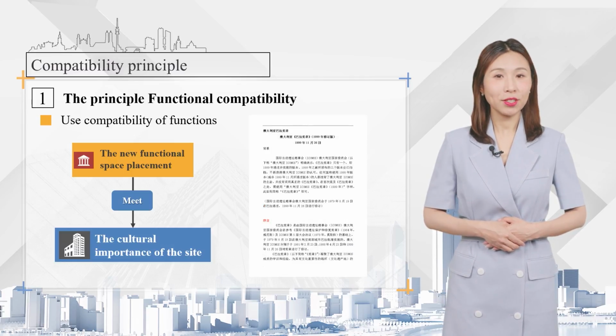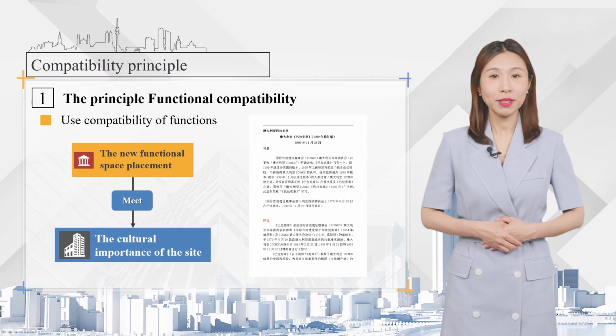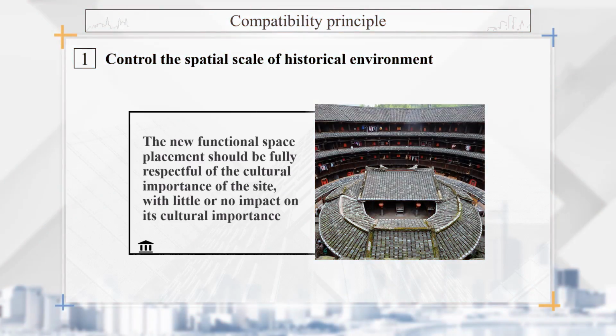The Burra Charter has long pointed out the importance of compatibility in functional renewal. It noted that the new functional space placement should be fully respectful of the cultural importance of the site, with little or no impact on its cultural importance.